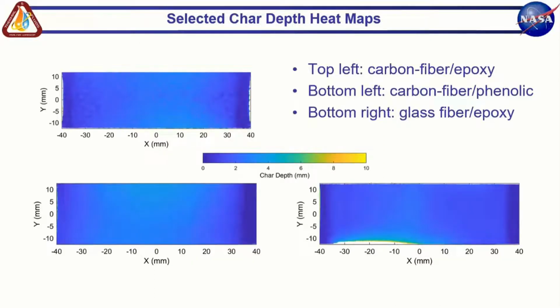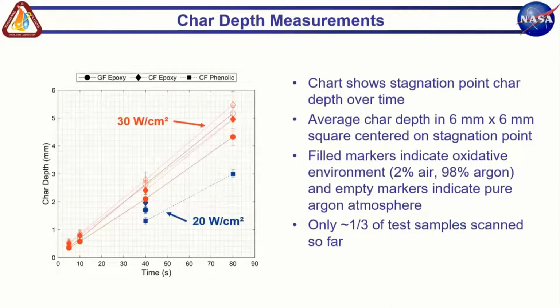And then from those surfaces, we can then generate a heat map of the char depth in the sample. And so when we put all that together, we can see that we can get a good measure of the char depth over time in each of the different types of samples for each of the different conditions.